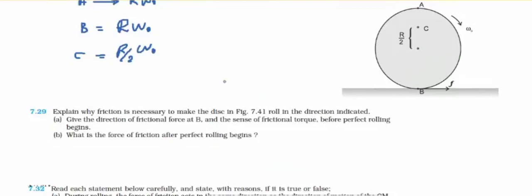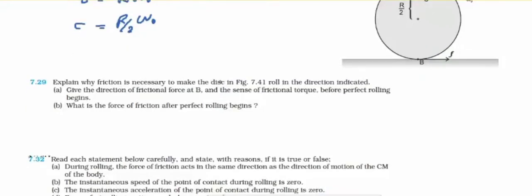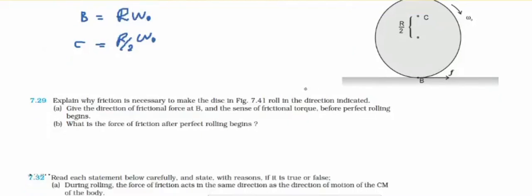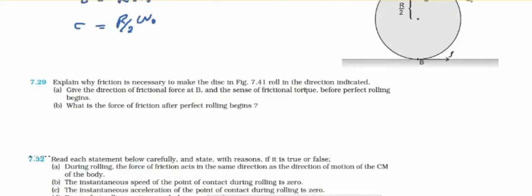Now question 29 is also a similar one. Explain why friction is necessary to make the disk roll in the direction indicated, because a torque is required to start rolling. Torque means two equal and opposite forces.